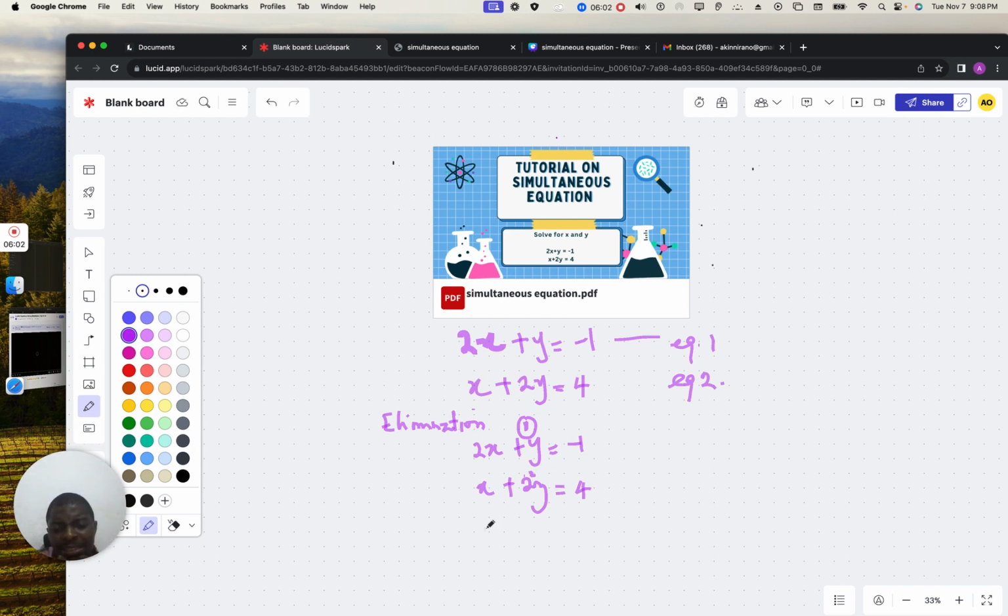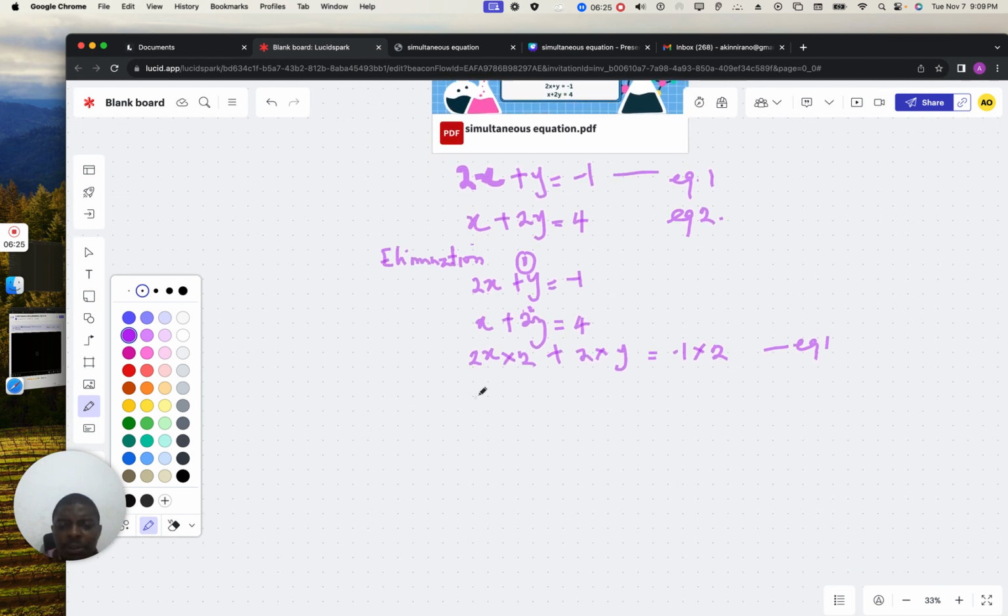What I mean is 2x times 2 plus 2 times y is equal to minus 1 times 2 for equation 1. For equation 2, you have x times 1 plus 2y times 1 is equal to 4 times 1.